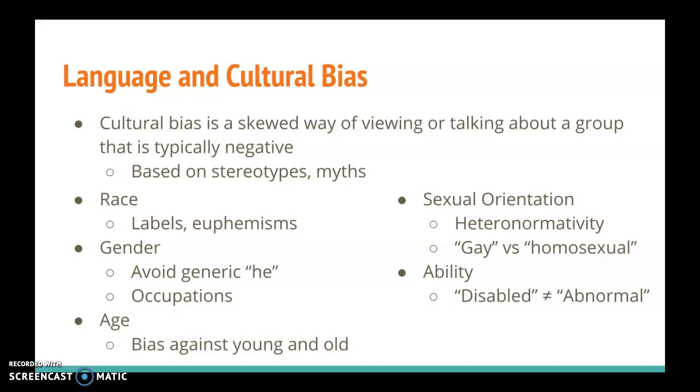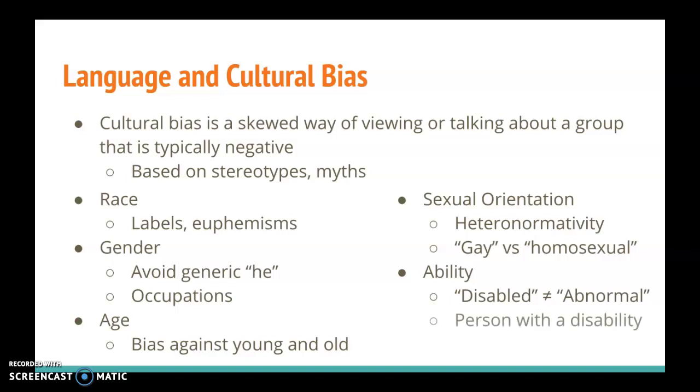But this definition of normal just doesn't exist, right? My definition of normal is different from your definition of normal, which is different from the definition of normal for someone else. To make this comparison is inaccurate.